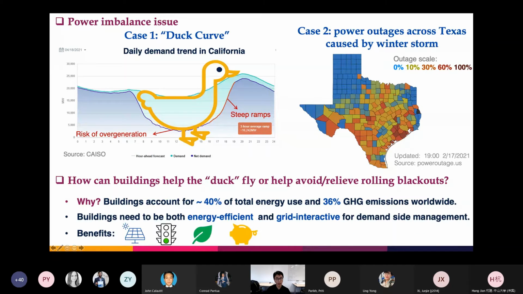To address this issue, buildings need to be both energy efficient and grid interactive for demand side management. What are the benefits? They can help improve the penetration of renewables and the reliability of the electric grid, help reduce CO2, and help both the end users and the utility save money.